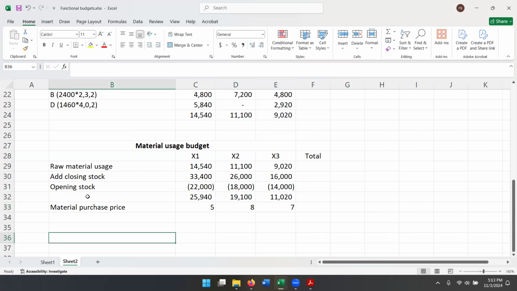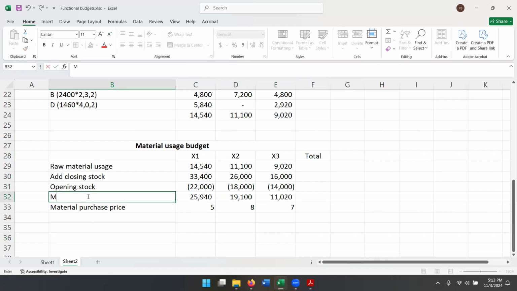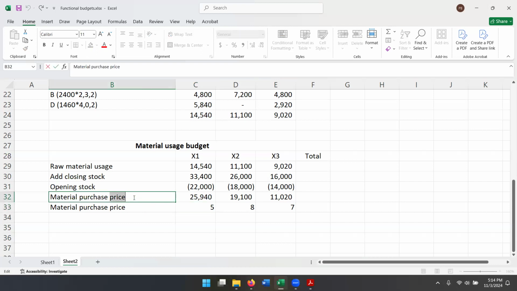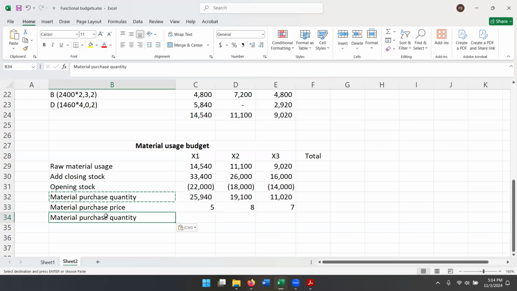So this is the material purchase quantity, and then the material purchase value.